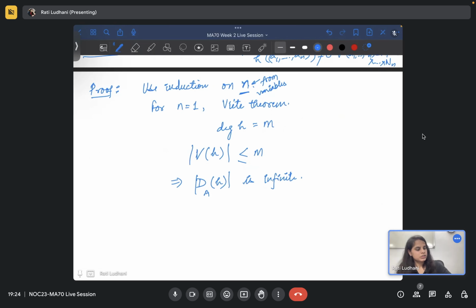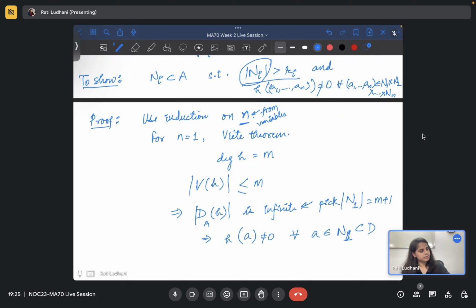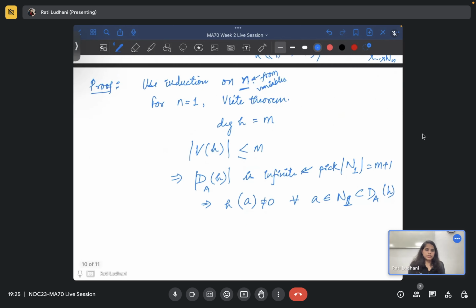From this infinite set you just pick some m plus 1 points, n1 with cardinality m plus 1, and h(a) is not equal to 0 for all a belonging to n1, where n1 is a subset of D of h, meaning where it is non-zero.